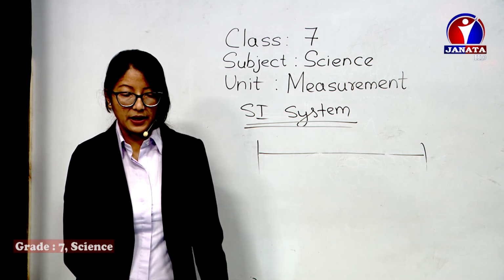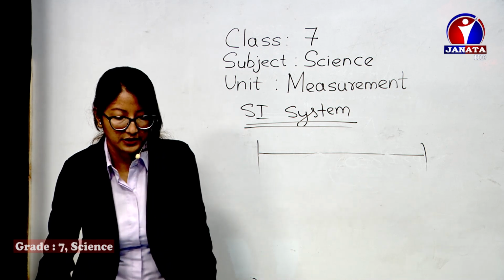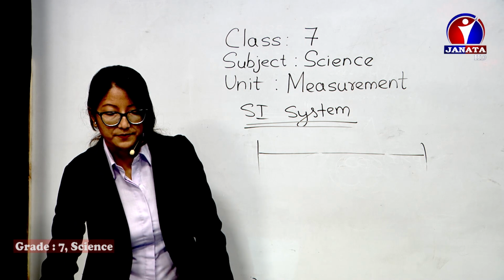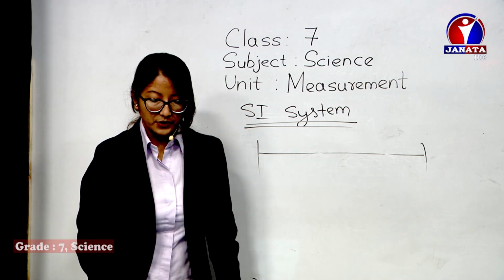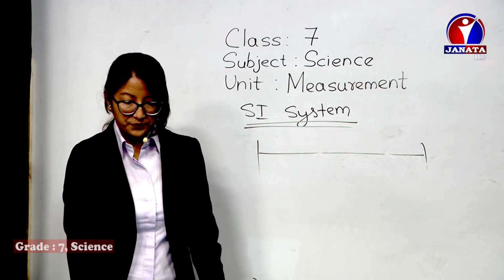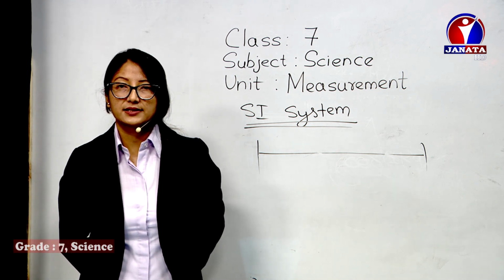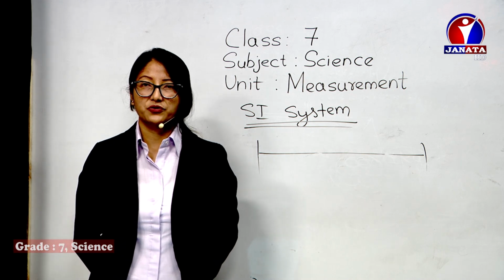Now that's all about SI units. Let's move to another topic now. I think I made you clear about the international system of measurement. Once again, I'd like to revise in short.